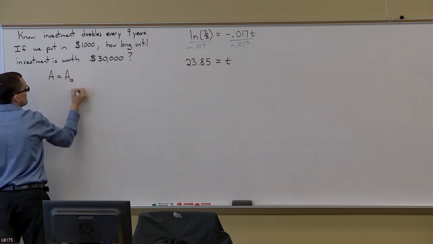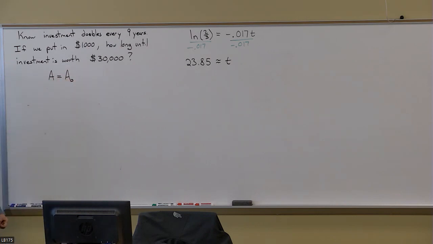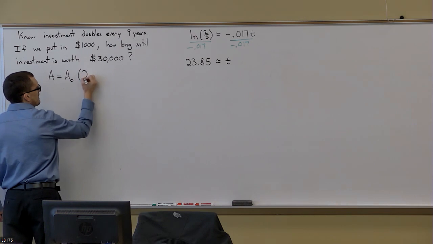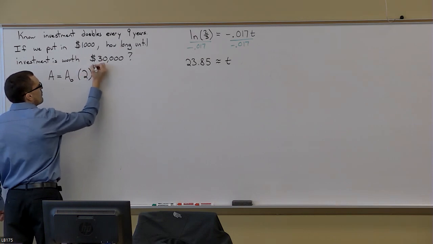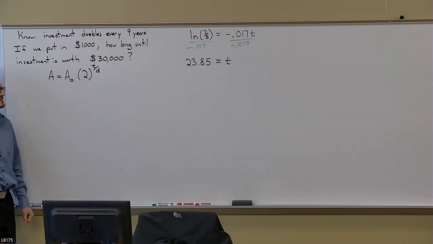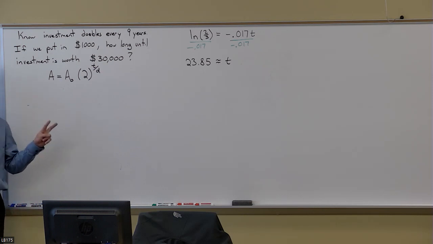Again, you can use A sub 0 or P, it doesn't matter. If we're given a doubling time, basically, the equation you're going to use is going to be base 2.